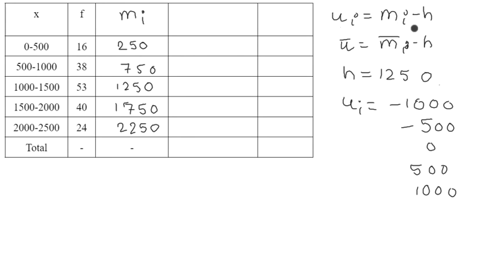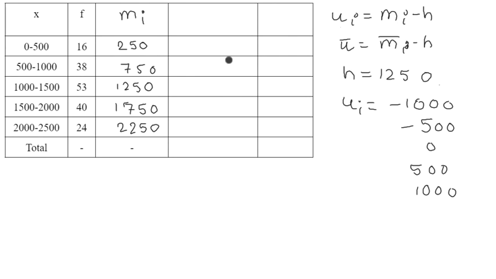We have already applied the change of origin, that is we have done the subtraction. Now we are going to apply the change of scale, because there are observations that can be minimized further. There are some common factors by which we can divide the numbers and reduce them. So I am going to choose 500 to divide all these numbers.